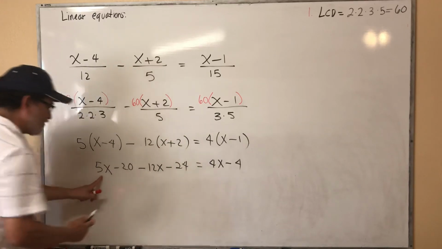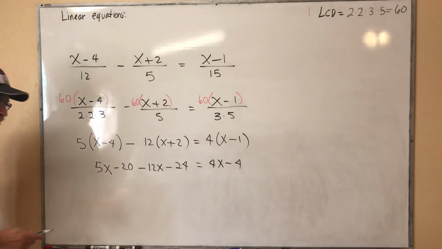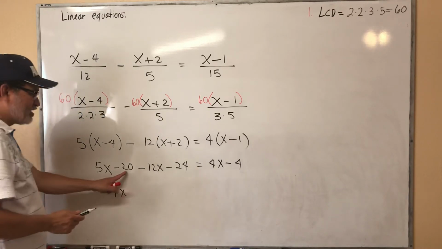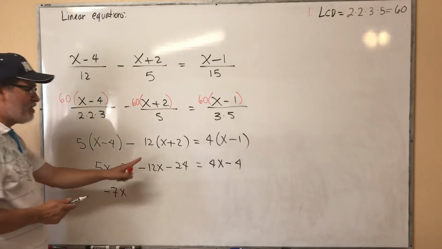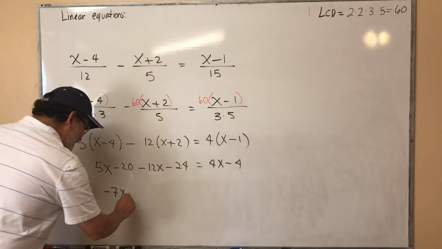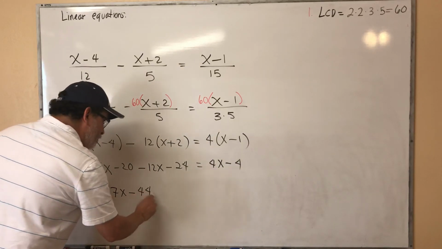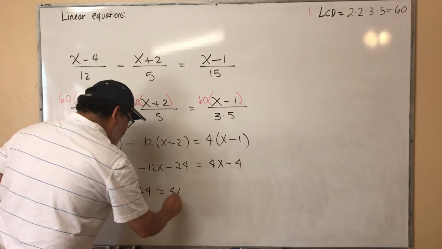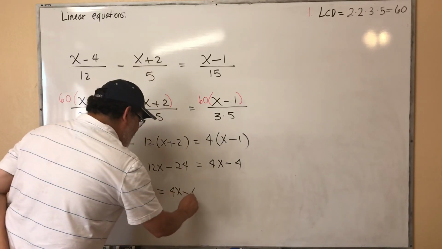So therefore, what's 5x minus 12x? Negative 7x. What's negative 20 minus 24? Negative 44. Equals to what? Equals to 4x minus 4.